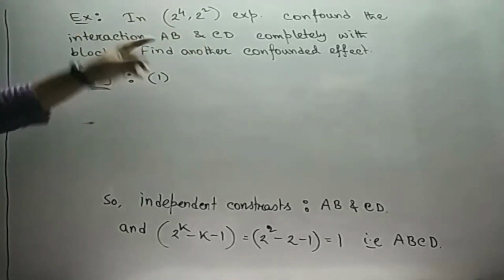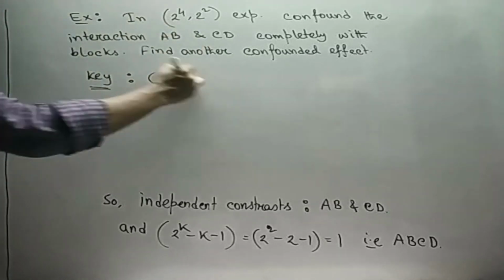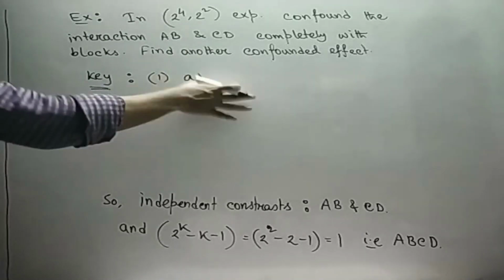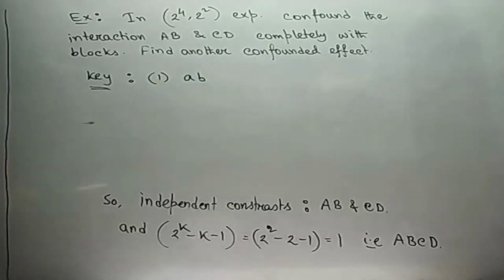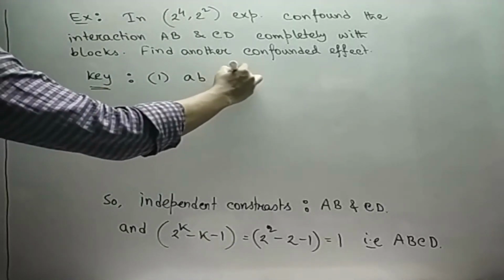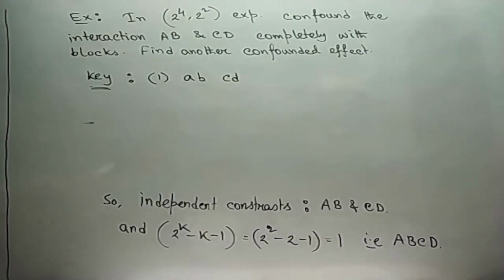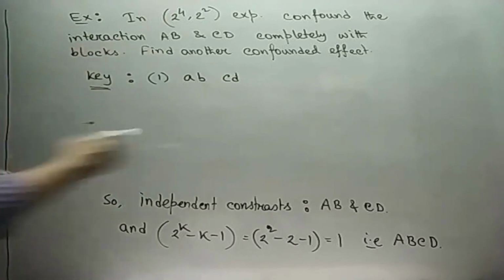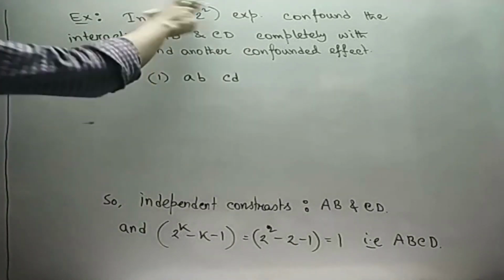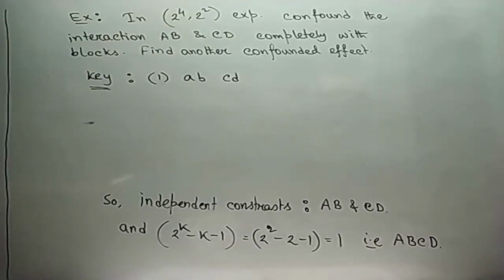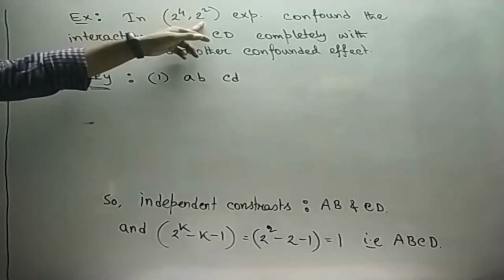Now an even number of common members with AB is basically small ab, and an even number of common members with CD is basically this. And we have a 2 to the power 4 comma 2 square design.